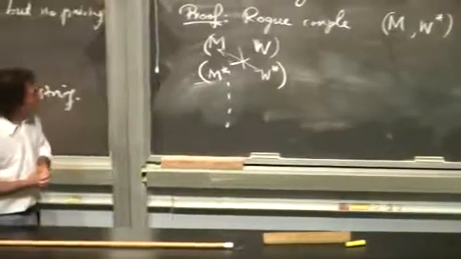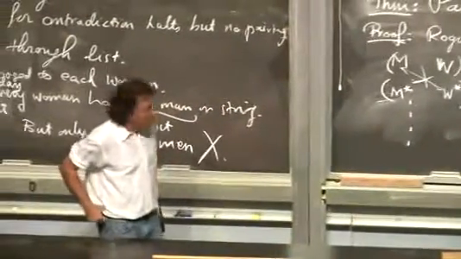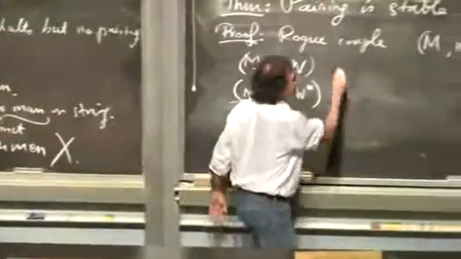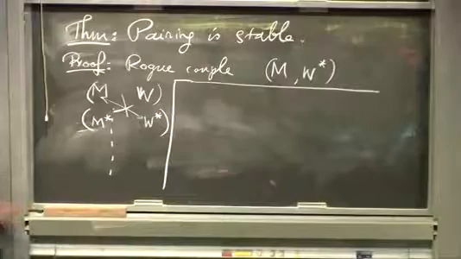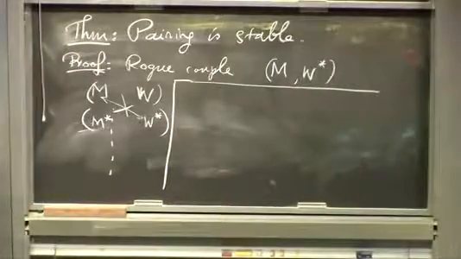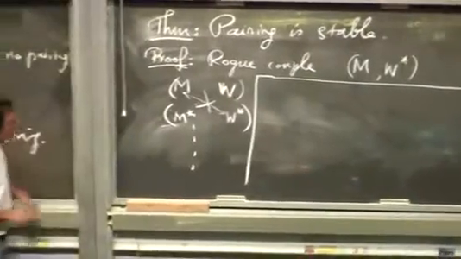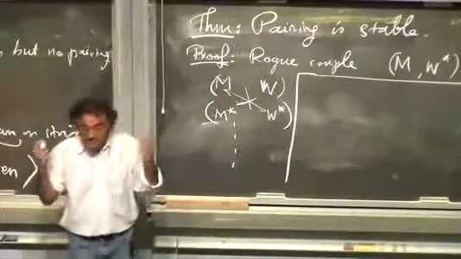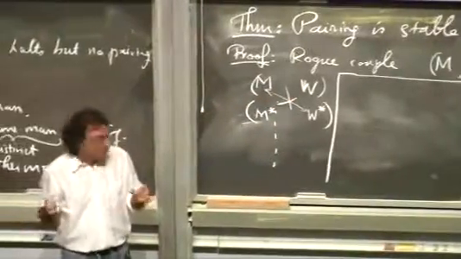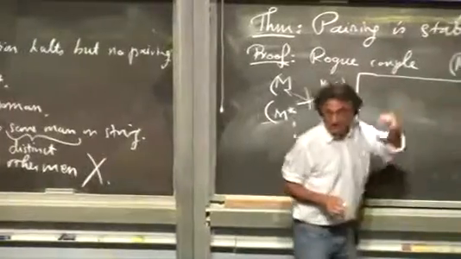How would you articulate it? Okay, let's try writing something. Suppose there's a rogue couple, say the rogue couple is M W star.